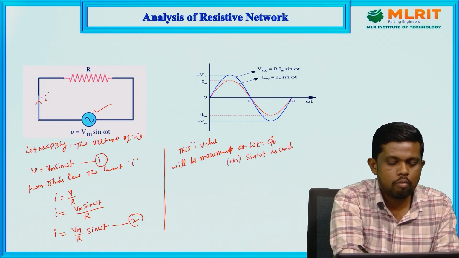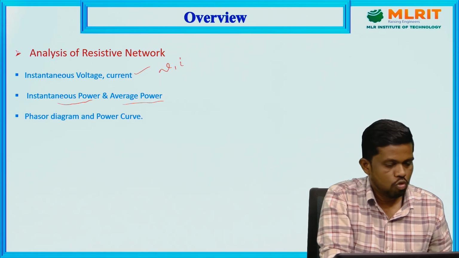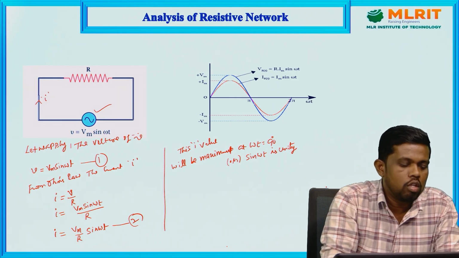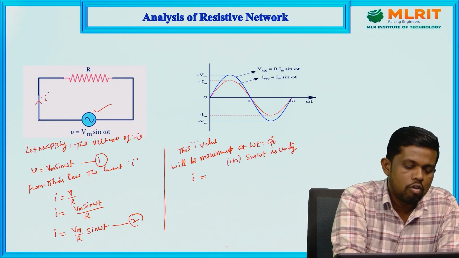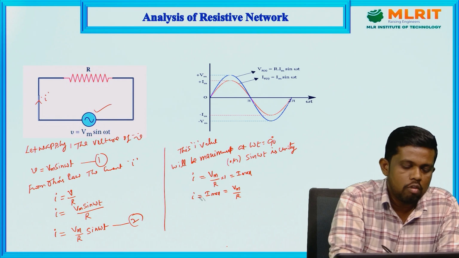At that time we get i as I max. So I max equal to Vm upon R.